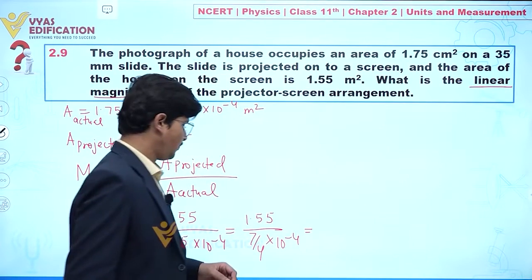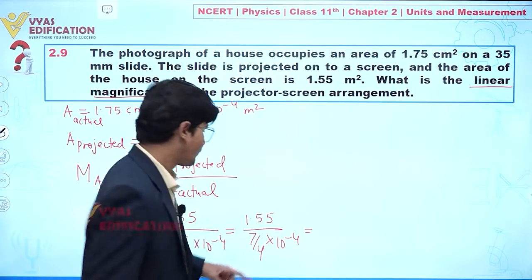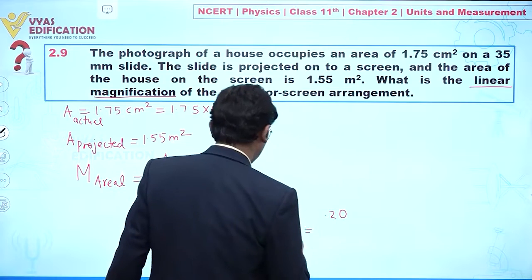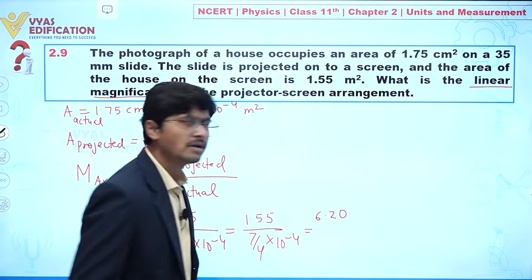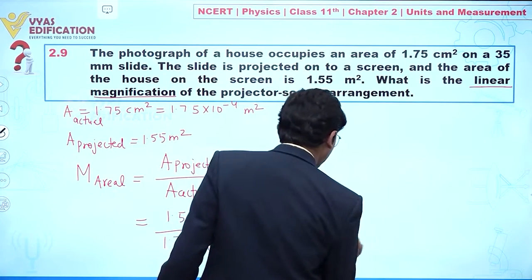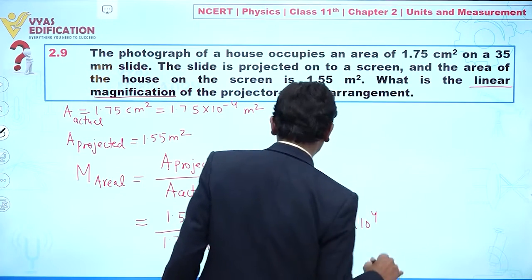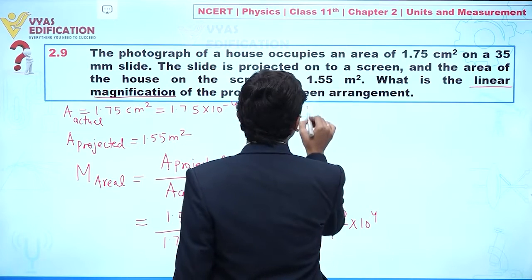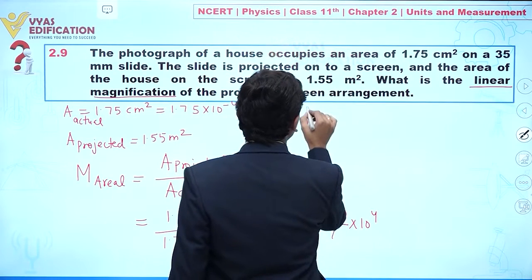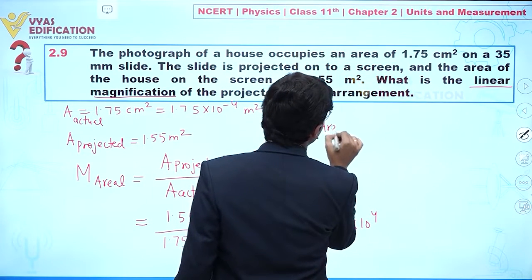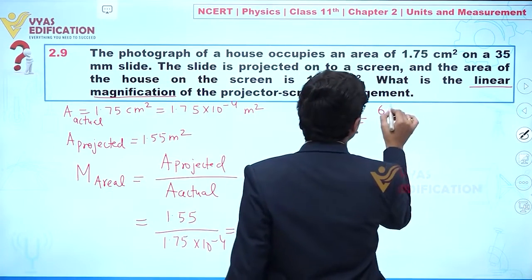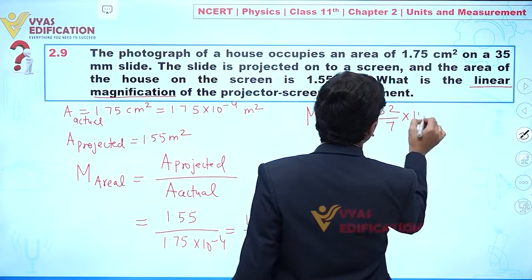So if I multiply here with 4, how can we write? This is 6.20, clear? And it is divided by 7 and multiplied with 10 to the power 4. Clear? So from here we can say the areal magnification is given by 62 divided by 7 into 10 to the power 3.